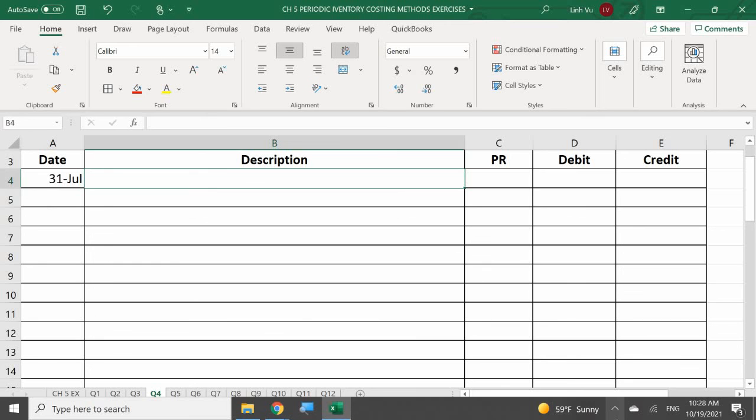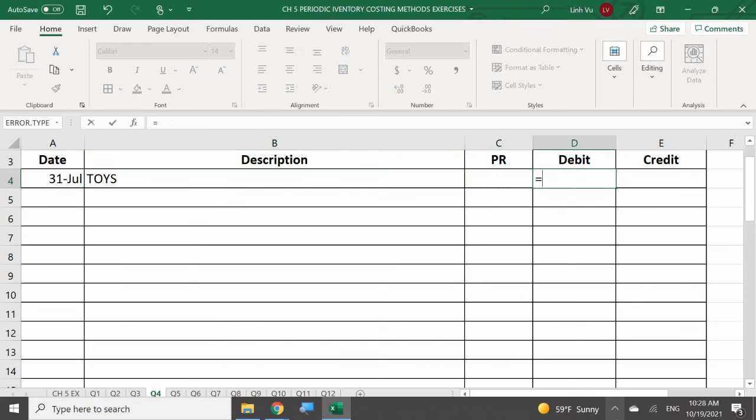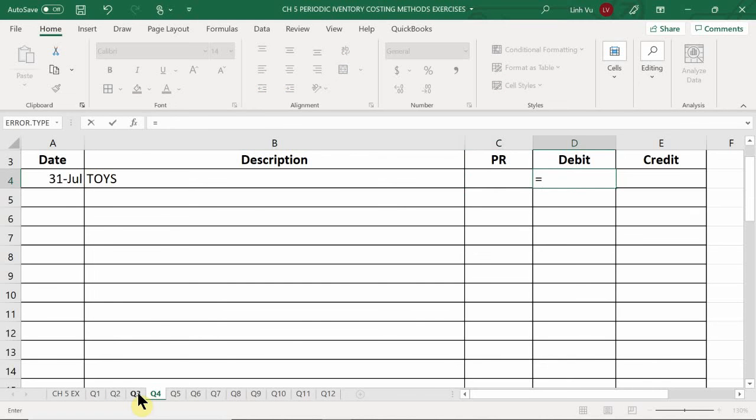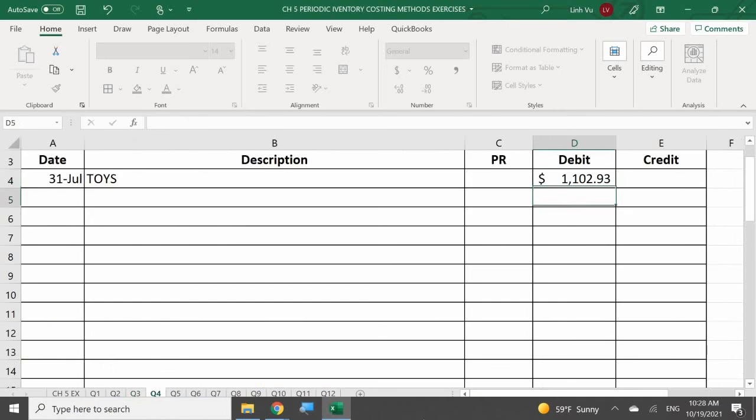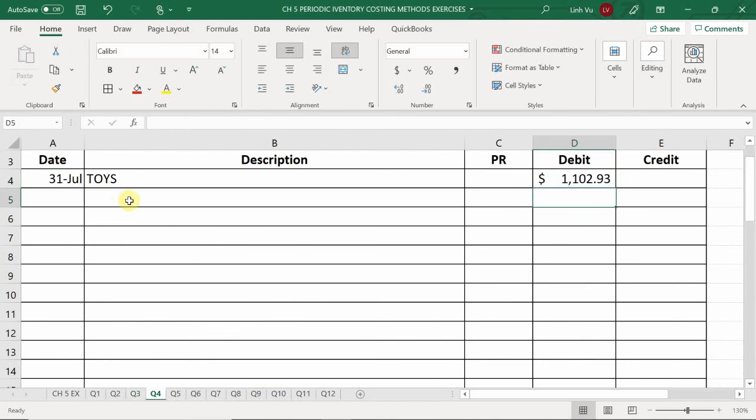You start with toys with ending inventory. Good, that's correct. Toys with ending inventory. Okay, you want to do the value now? What was the total cost or total value of your ending inventory? 1,102.93. Good.